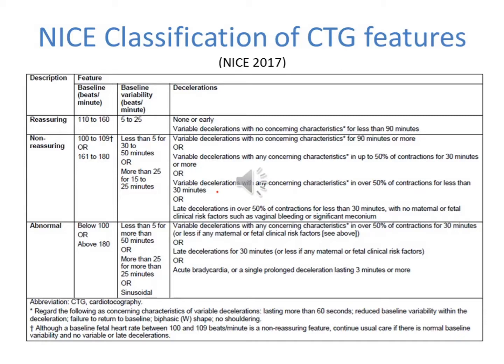This is a reminder of the NICE classification of CTG features, which can be reassuring, non-reassuring, or abnormal. Please remember that you don't have to remember these. They're available on the NICE guidance, on our own fetal monitoring guideline, and they should be available as posters either on the wall or attached to the CTG machine in all of our labour rooms.